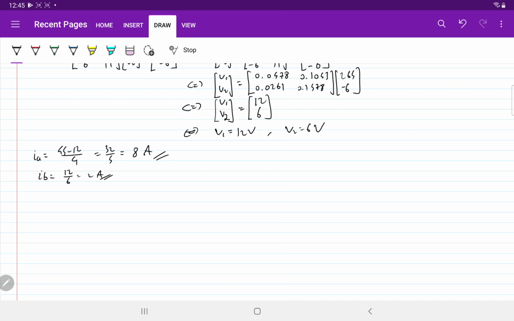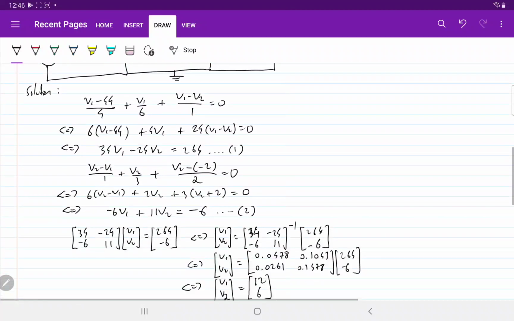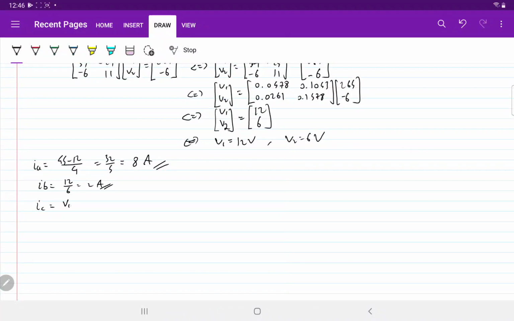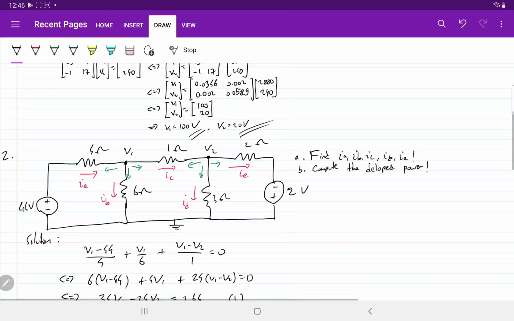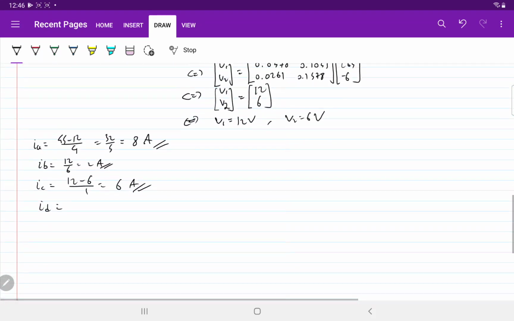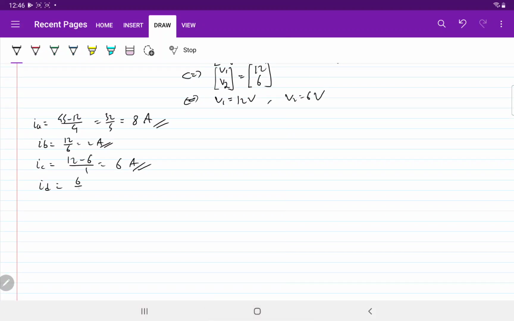Alright, next IC is (V1 minus V2) over 1. So V1 is 12 minus 6 over 1 is 6 amps. ID is V2 over 3, which is 6 over 3, another 2 amps.